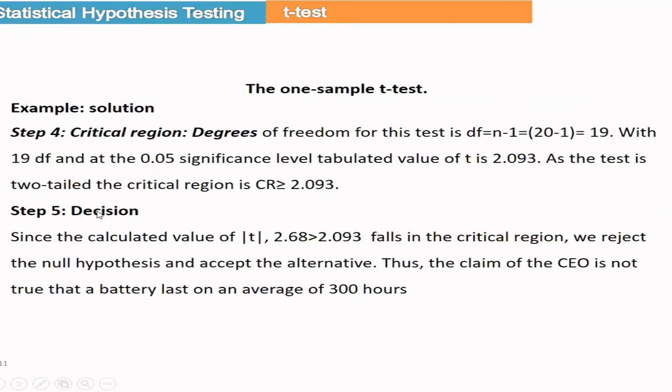Now step 5, we have to make the decision. Our calculated value of t is 2.68, the positive value, which is greater than 2.093, that is, it falls in the critical region. When the calculated value falls in the critical region, we reject the null hypothesis and accept the alternate hypothesis.